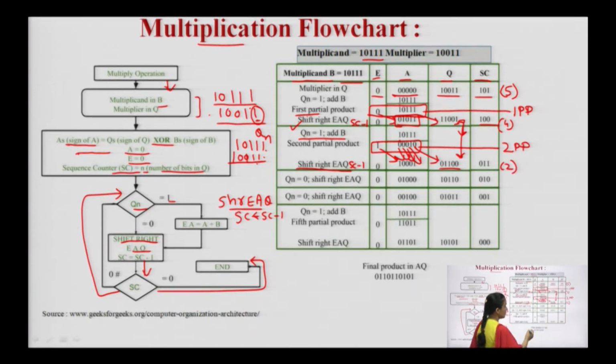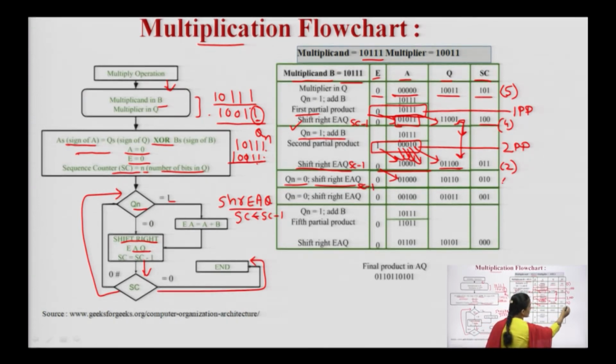Then now my Q1 is 0. If my Q1 is 0, then I will do shift right EAQ, just shift right this thing, I will get 0100 and 10110 and decrement my sequence counter.